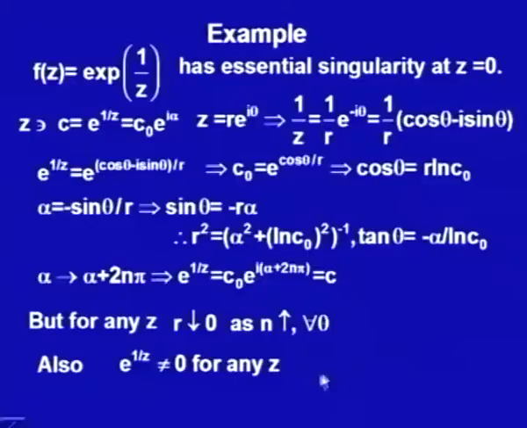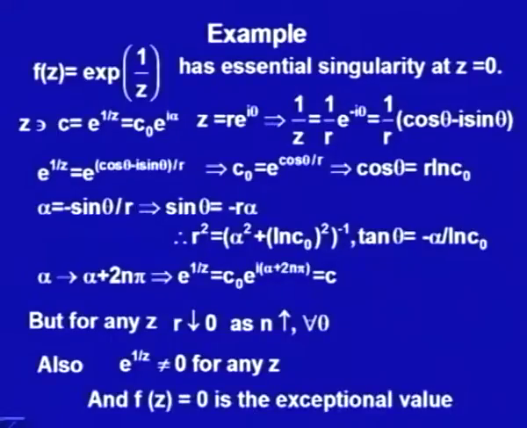Moreover, we do know e to the power 1 by z cannot be 0 for any z. So, in Picard's theorem, the exceptional value here is 0. It is not a point, it is the exceptional value, because f z cannot be 0 for any z.